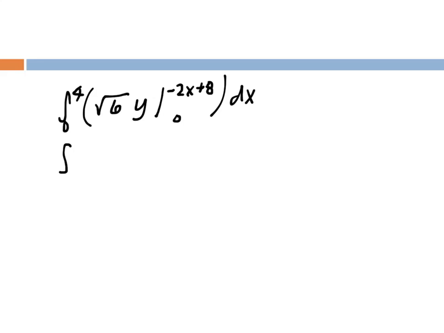And then evaluating this, of course, we don't have the square root of 6 really affecting anything, so then I just have negative 2x plus 8 right here, dx.